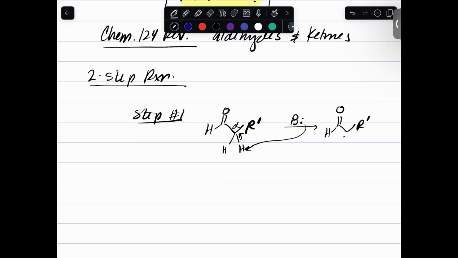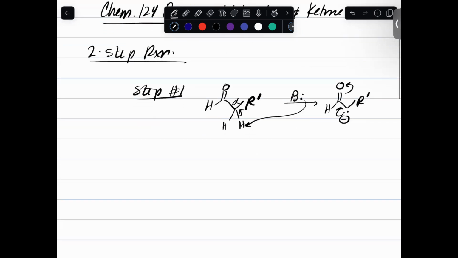So nothing new. Just like before, you can draw resonance structures to this. And just like before, there are two possible resonance structures.